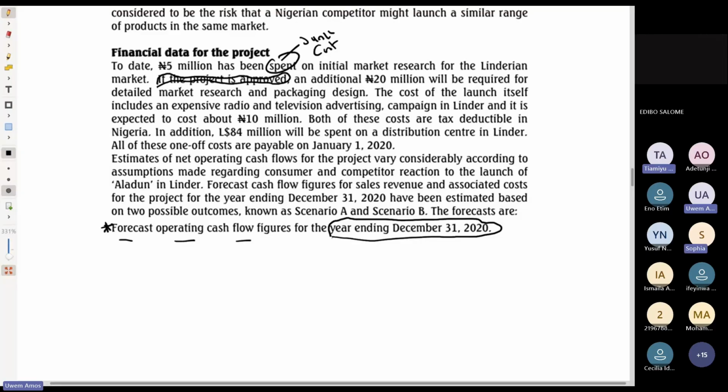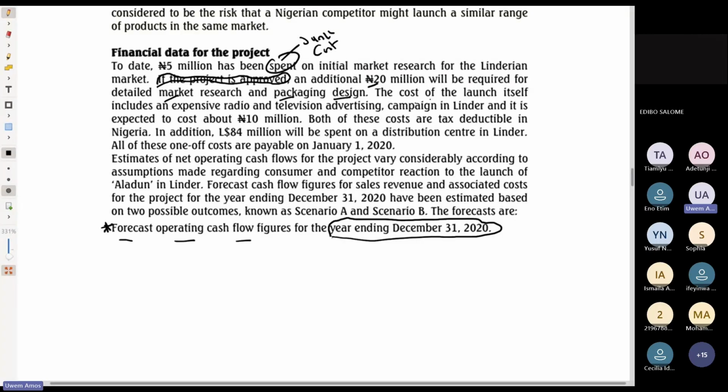If it's approved, an additional 20 million will be required for detailed market research and packaging design.